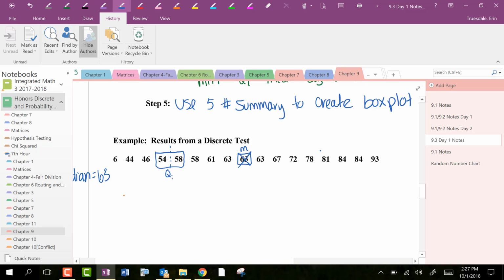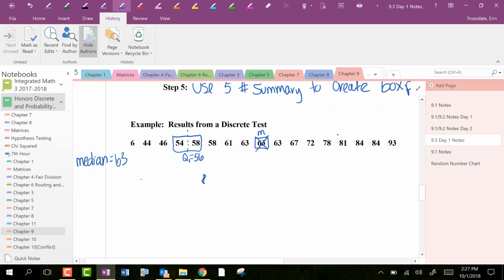Q1 is the average, and you should not need your calculator. What number is between 54 and 58? Okay, thank you. So Q1 is 56. Write down these numbers so we can make our 5-number summary.